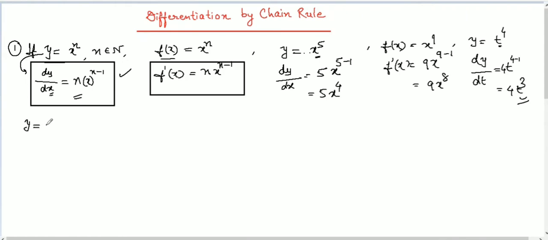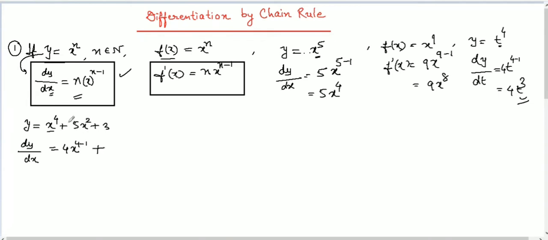y equal to x to the power 4 plus 5x square plus 3. As your function is in x, we will differentiate with respect to x. So we write dy over dx and differentiate term by term, as the terms are separated by plus signs. Whatever the sign is, plus or minus, just write that. 4 in front of x, 4x, and then subtract 1 from the power.